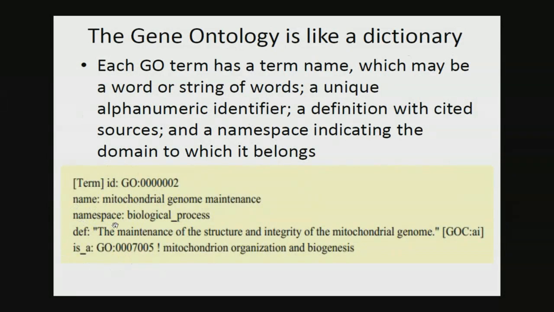There are 3 namespaces, and this belongs to biological process. And the definition of this GO term is the maintenance of the structure and integrity of the mitochondrial genome, and things like that. Okay, it's like a dictionary. When you look up a dictionary, it comes with the name and like pronunciation.